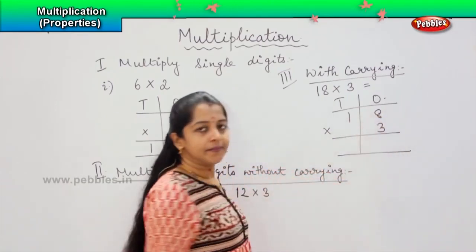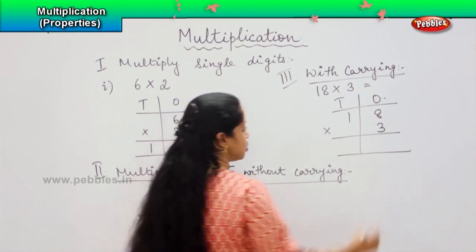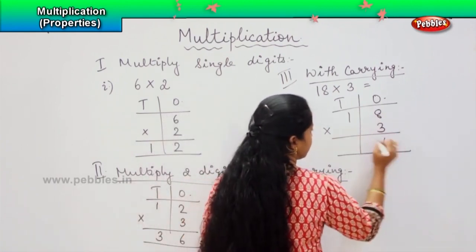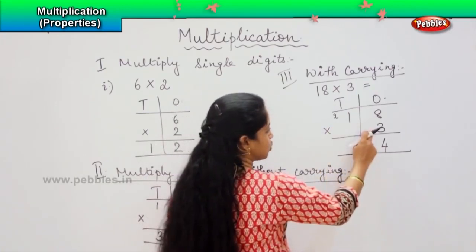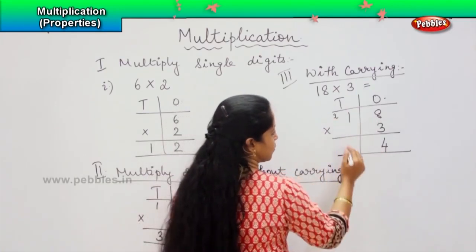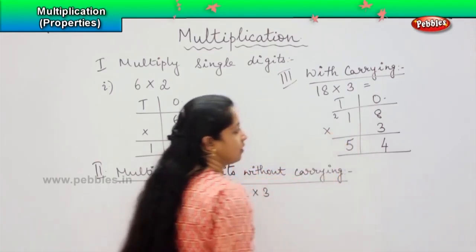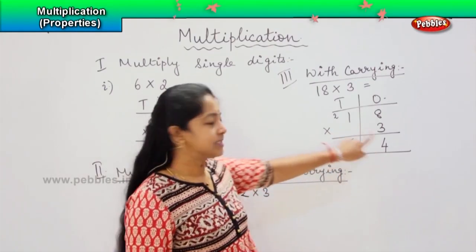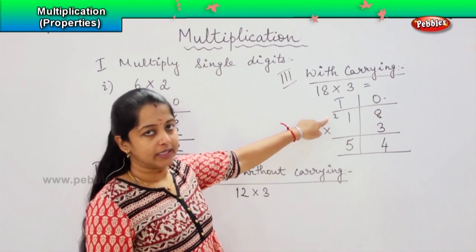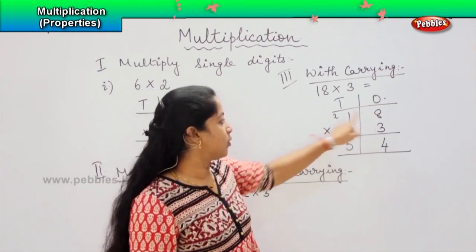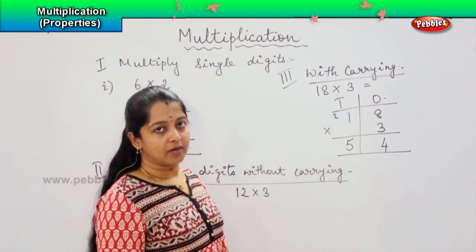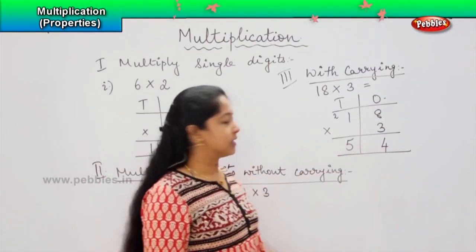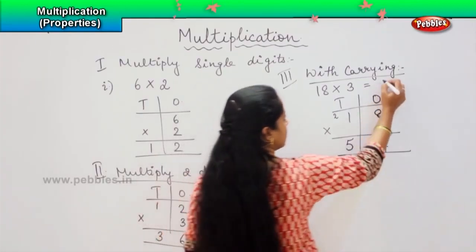So what is 8 into 3? 8 threes are 24, right? So 4 here and 2 is carried forward here. So 1 into 3 is 3. 3 plus 2 is 5. So the balance is carried forward to the tens, and whatever is the product, that is added with my product number. Okay, so it gives me my answer 54.